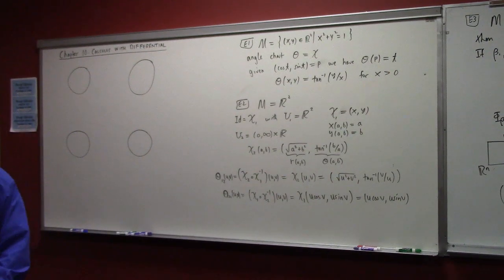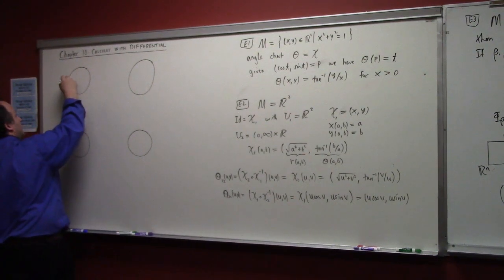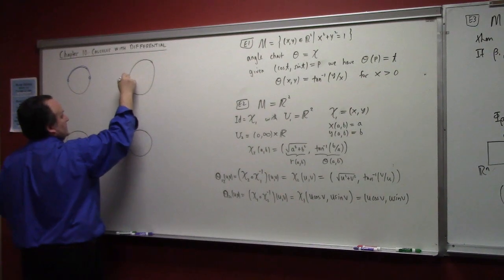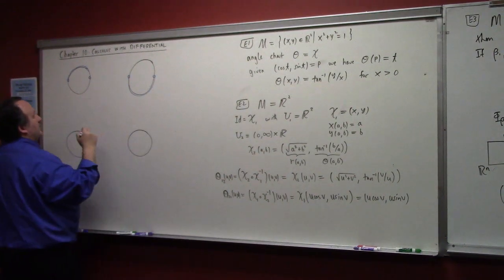All right, so I've got V plus, V minus. So V plus and V minus look like this. Here's V plus. V minus, like this. All right.